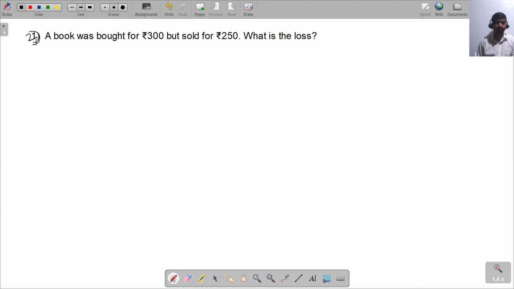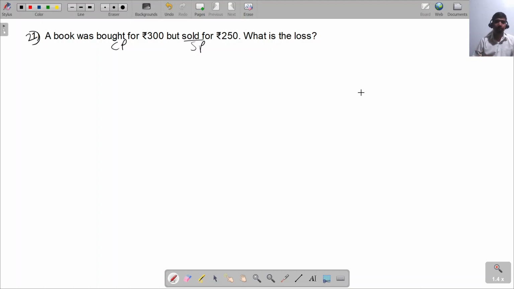Sum number 2. A book was bought for rupees 300 but sold for rupees 250. What is the loss? You can see sold. When you have a word like sold or sell, that is SP, selling price. Bought is the cost price. Now see, the cost price was 300, selling price is 250.